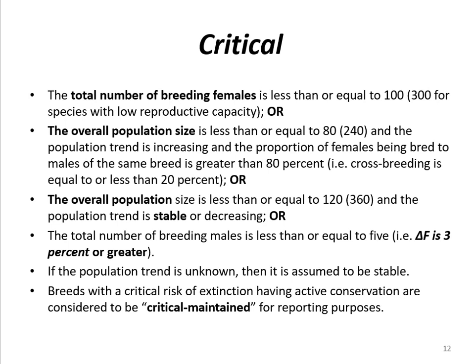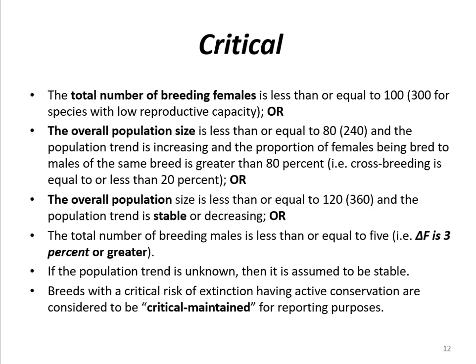And the thing which I would suggest is delta F, which is 3% or greater. So a population is in critical condition if its delta F is 3% or greater, which is calculated through effective population size, and if the breeding females are less than or equal to 100.